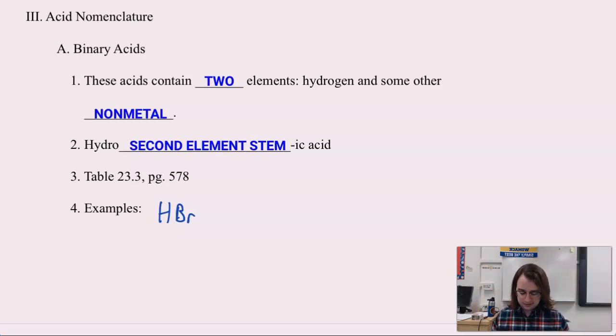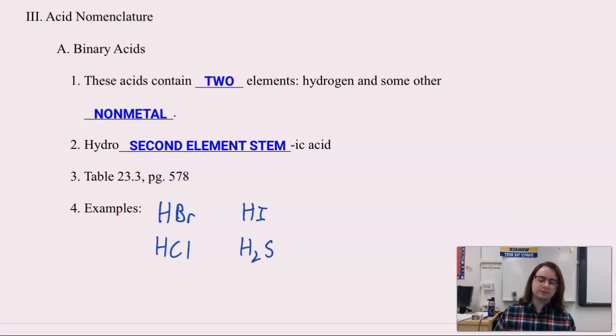What about something like HCl? That would be hydrochloric acid. Or maybe something like HI, hydroiodic acid. What about this one? H2S. This one's a little trickier. You might think that's hydrosulfic acid, but that doesn't sound good.